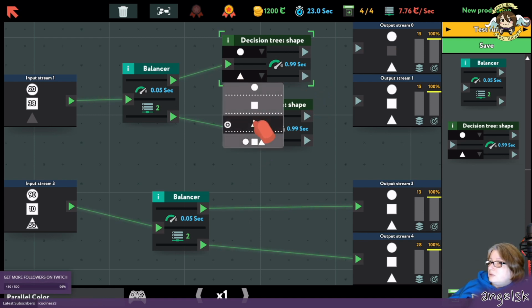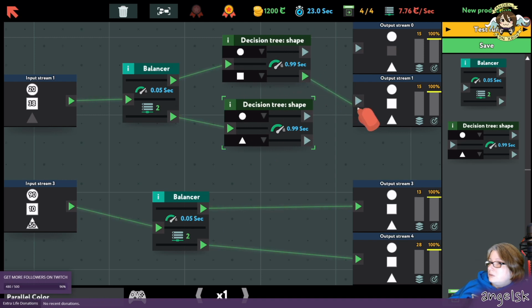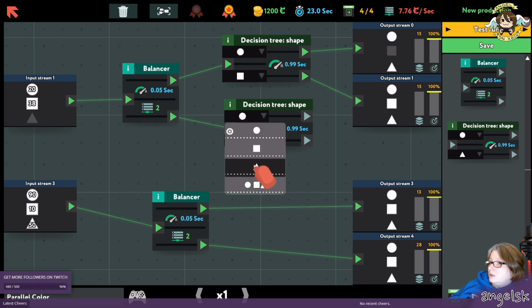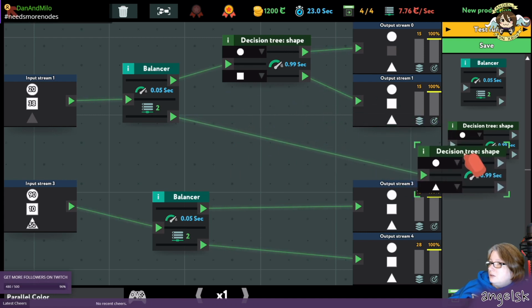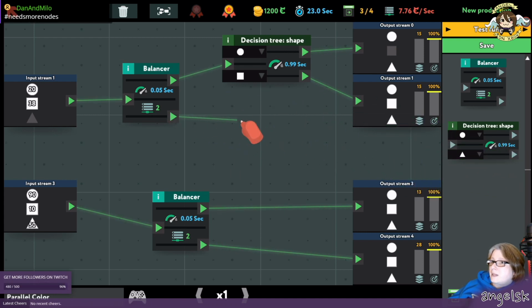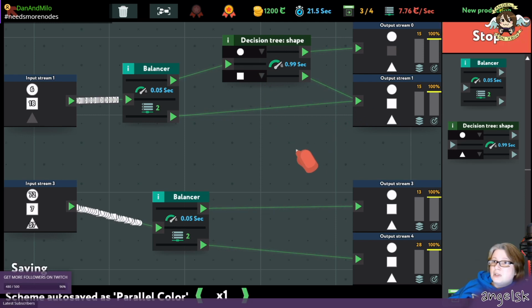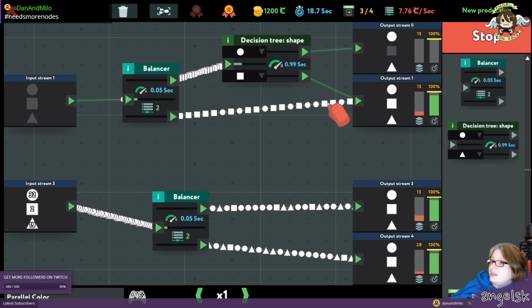So we want squares going that way, circles going that way. Triangles should get split evenly. So, honestly, I don't think we even need this. There's no squares. There is squares, okay. Needs more nodes. No, that is the max.